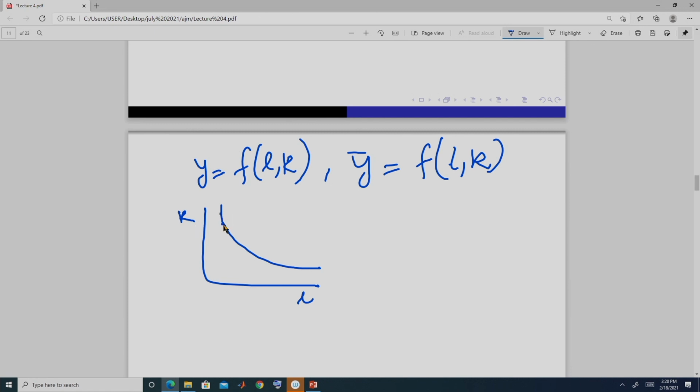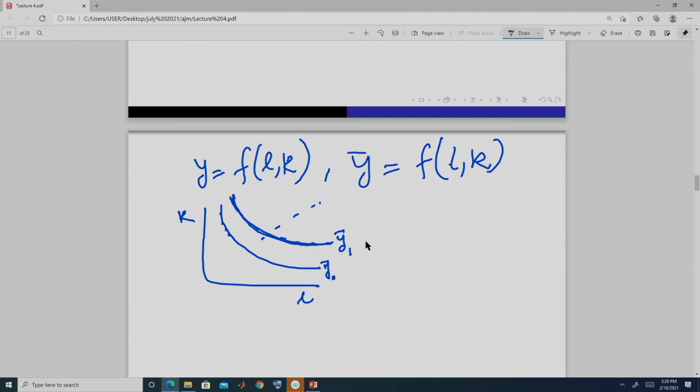So each point here gives me y bar units of output, and if I increase this level curve, suppose this is y bar naught and this is y bar 1, here output is more, and all these combinations of capital and labor give me y bar 1 units of output. Okay? And as we move in this northeast direction, output is increasing. This is straight from monotonicity, and convexity gives us this shape.